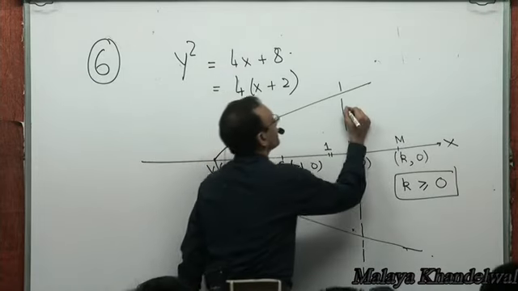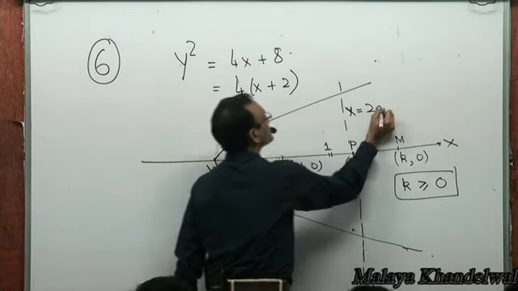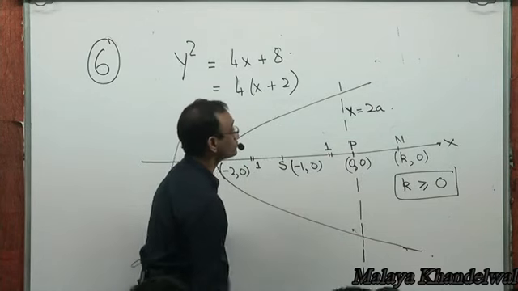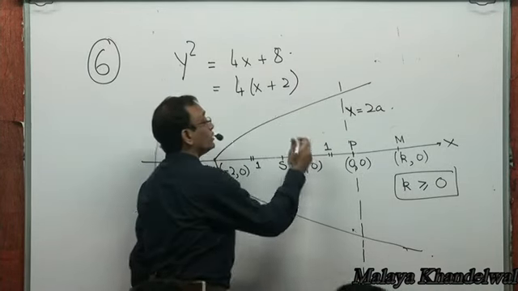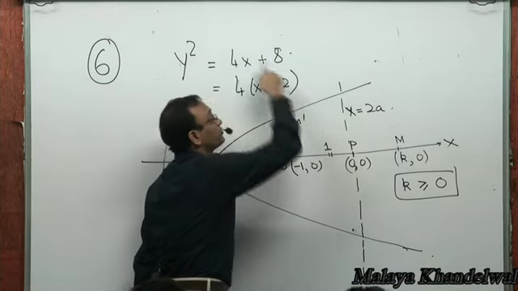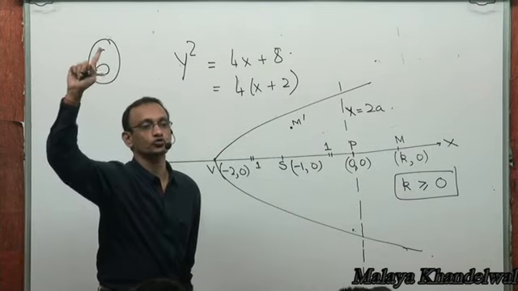This is the line x equal to 2a. In fact, let me tell you that even if you selected any point M prime to the left of P anywhere, there would be only one real normal that you could draw to the parabola.